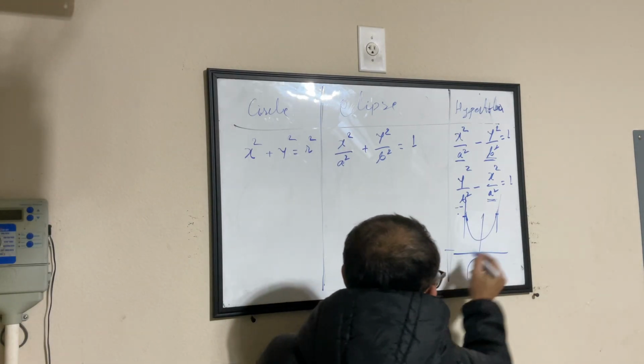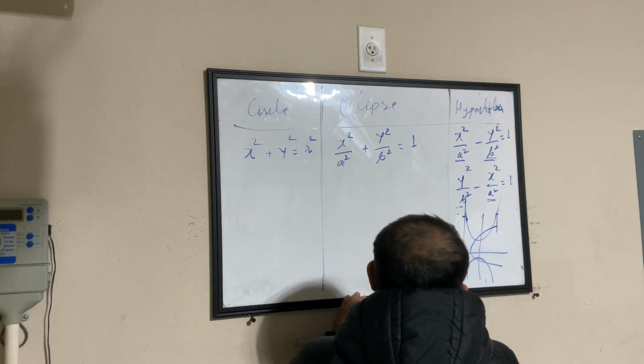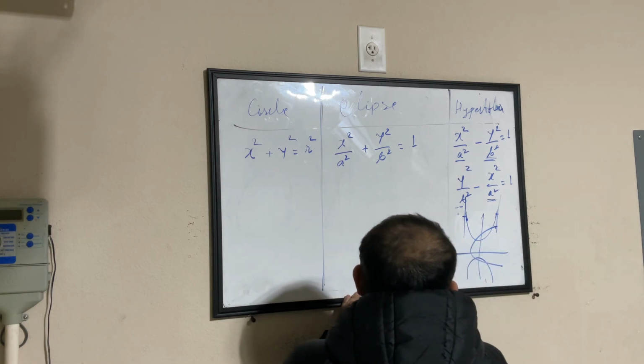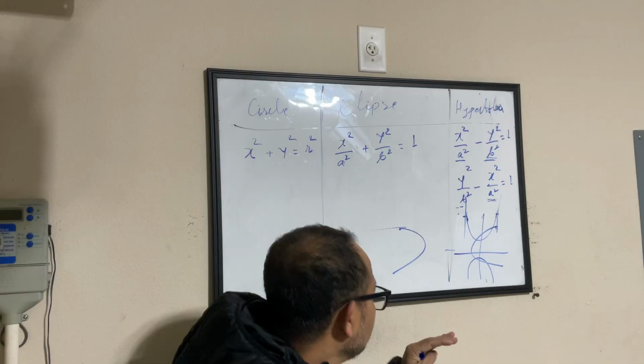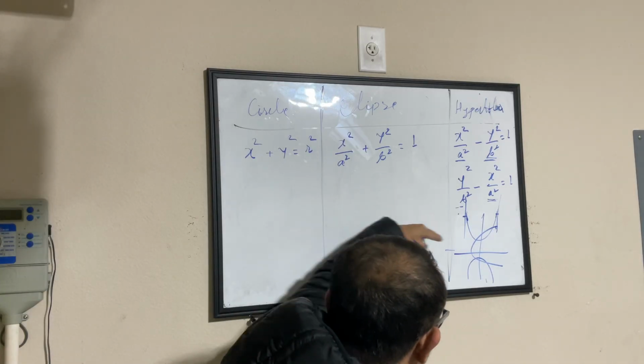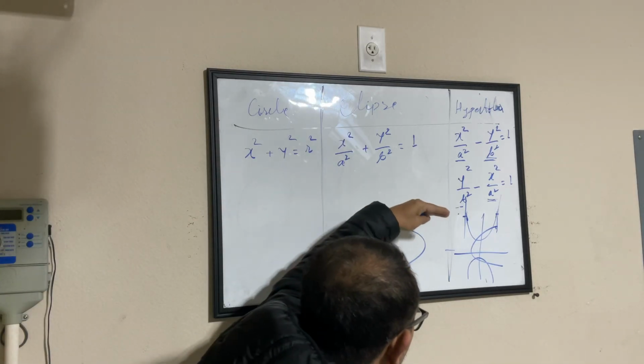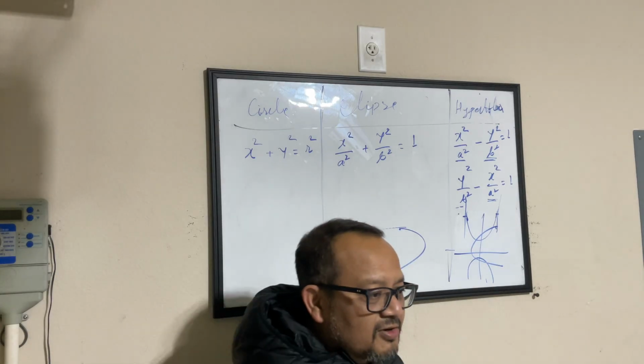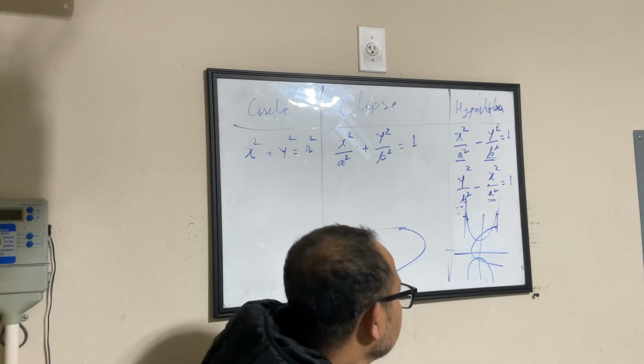Similarly, if you have a hyperbola like this, these are the end points where it becomes your horizontal asymptote, meaning for a certain value of y, the value of x goes towards infinity.